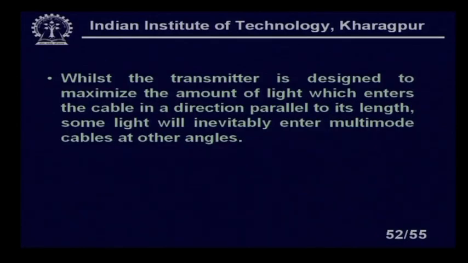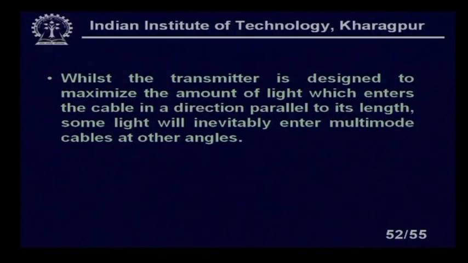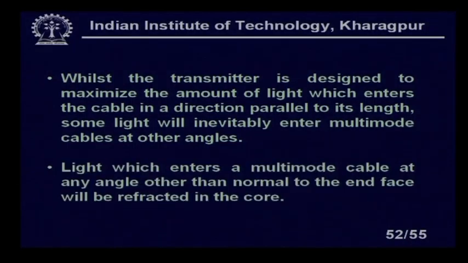Whilst the transmitter is designed to maximize the amount of light which enters the cable in a direction parallel to its length, some light will inevitably enter multimode cables at other angles, which is quite obvious, and it goes through total internal reflections and reaches the other end. Light which enters a multimode cable at any angle other than the normal to the end face will be refracted in the core.